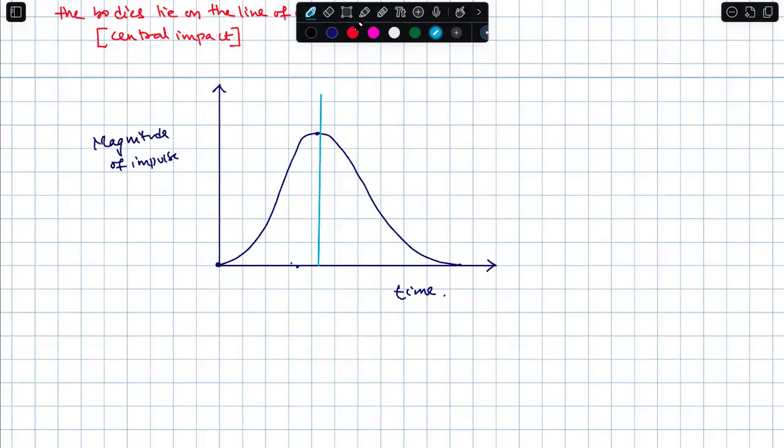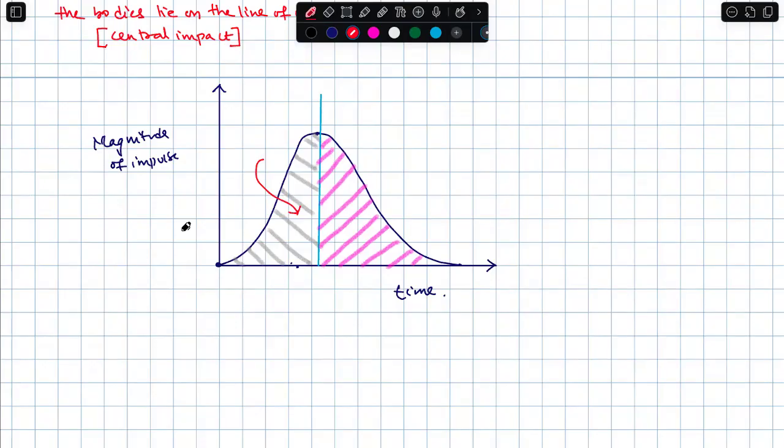Can see two regions here, obviously. In this region, they will be in the state of deformation.